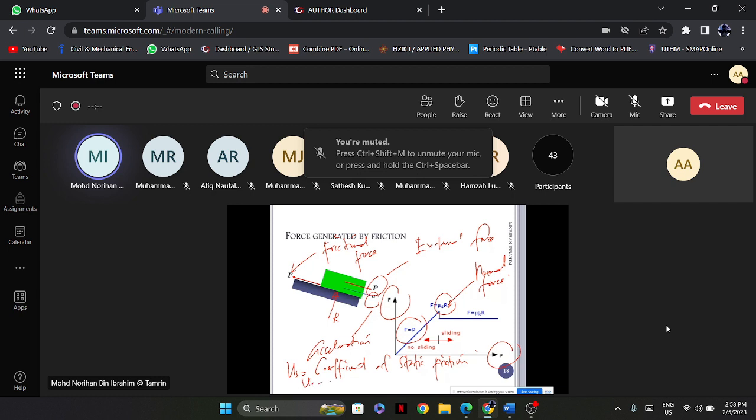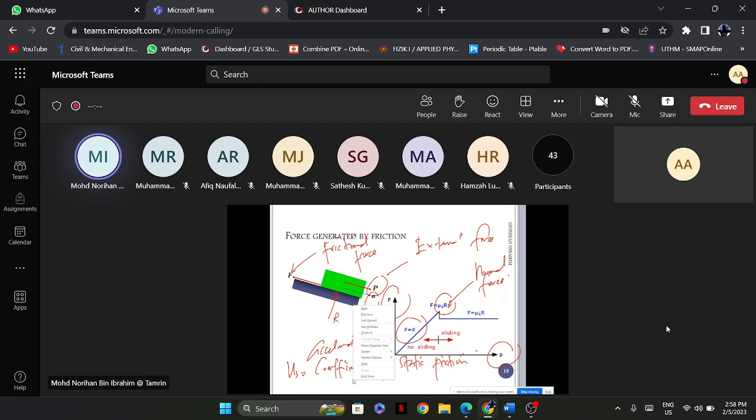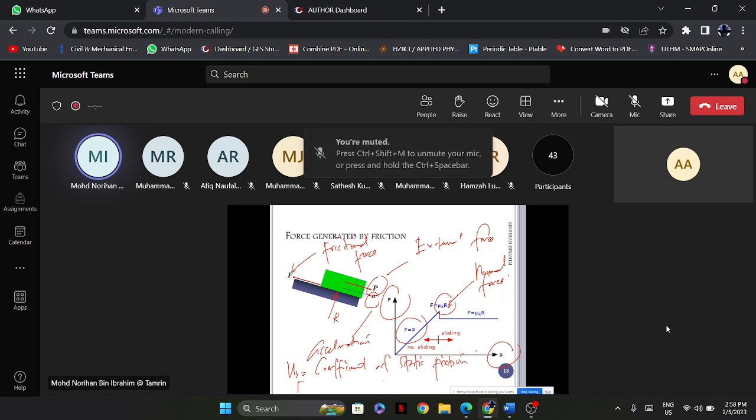R is the normal force. So F is equal to mu S R just before it slides.